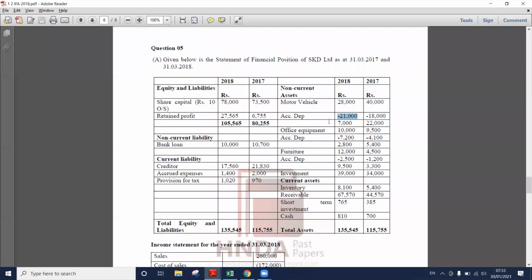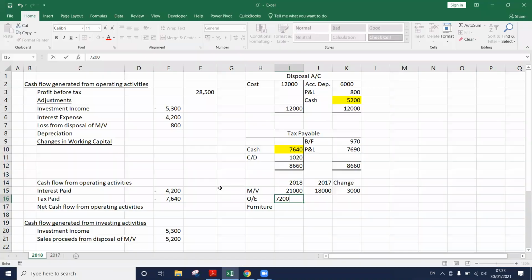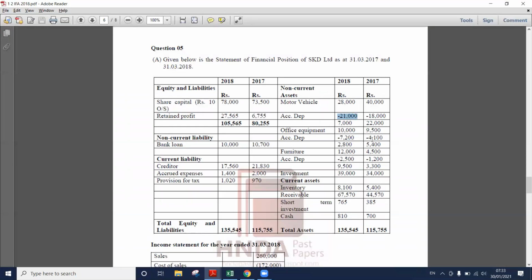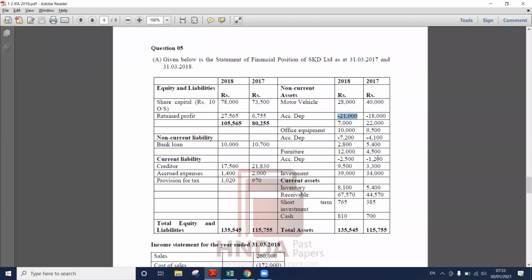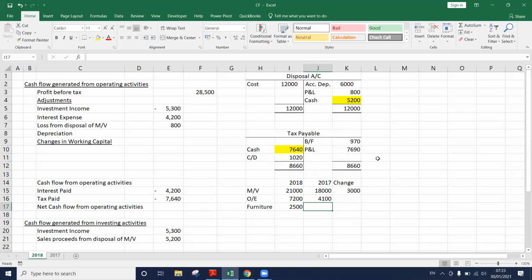Okay, office equipment. In 2018, we have 7,200 accumulated depreciation; in 2017, 4,100. Furniture, 2,500 and 1,200. So these are the changes.